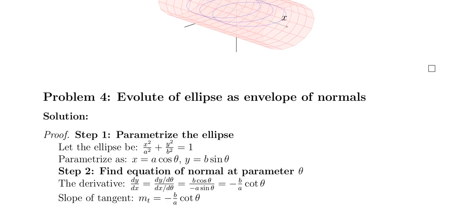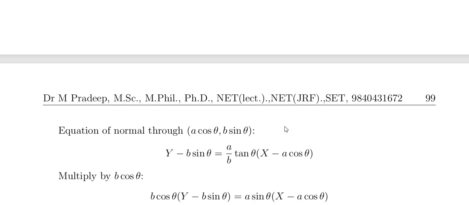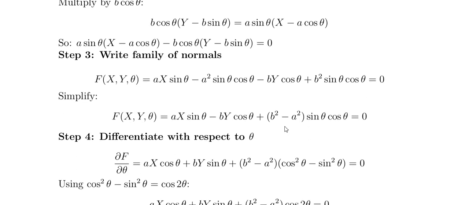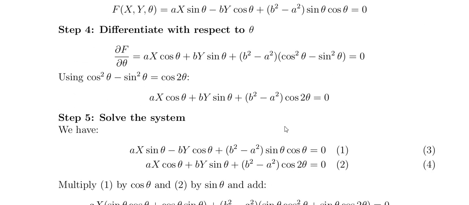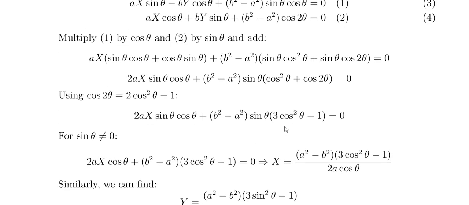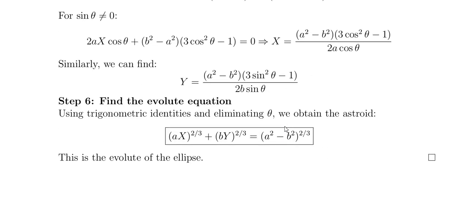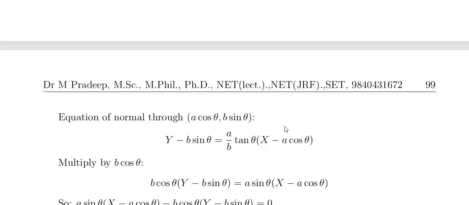So to find the envelope: dou f by dou alpha equal to 0 and f of x, y, alpha equal to 0. Solve both, find alpha, back substitute, and we get the envelope equation.